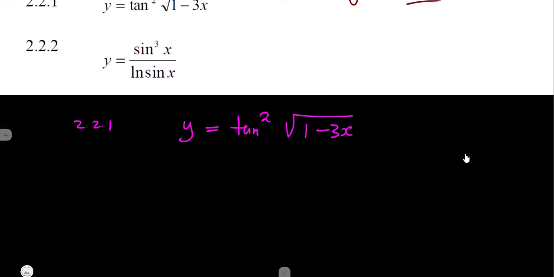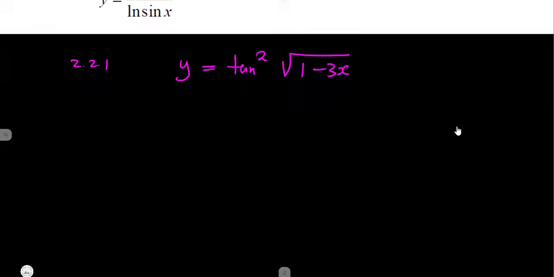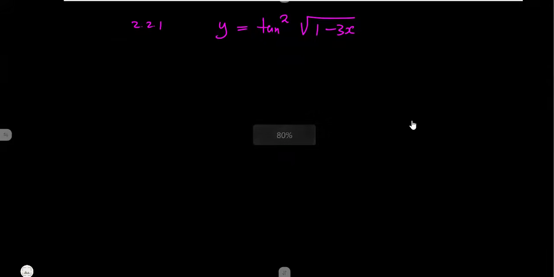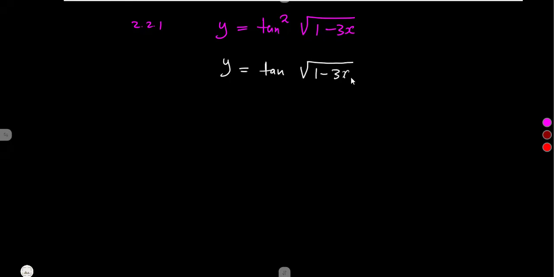So in the previous class, I had a way that we can choose to follow. Remember, I said we can rewrite this. If you're given a square, like tan squared, it simply means you have y is equal to tan of the square root of 1 minus 3x, but we are focusing on the tan.